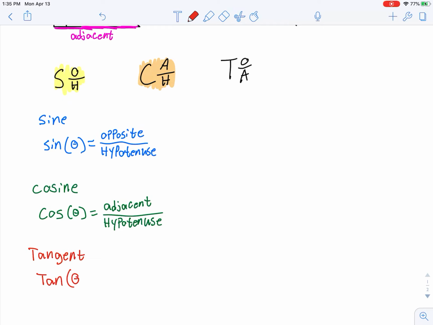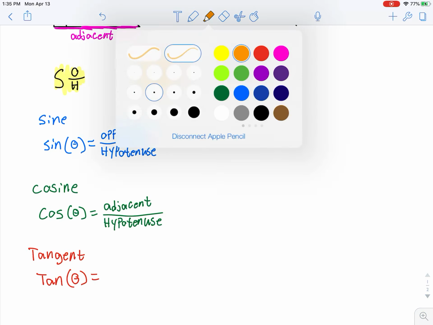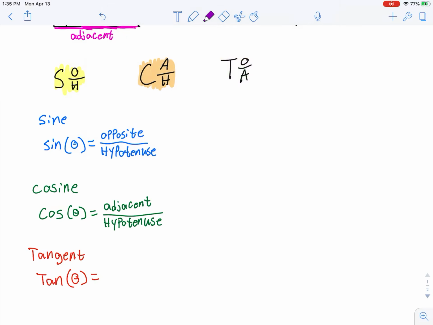Alright, so theta equals, okay, and for tangent, our ratio is opposite over adjacent.